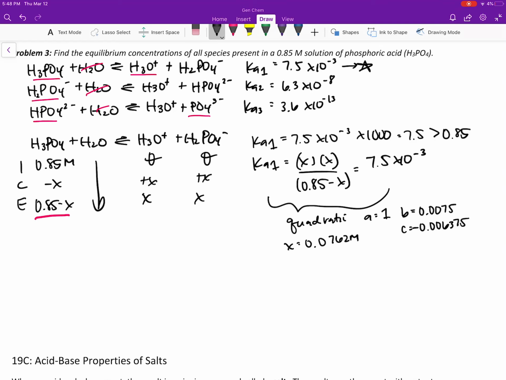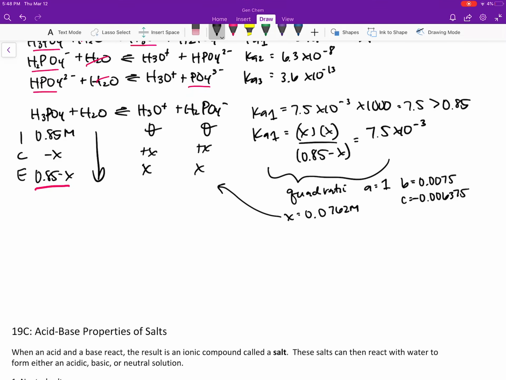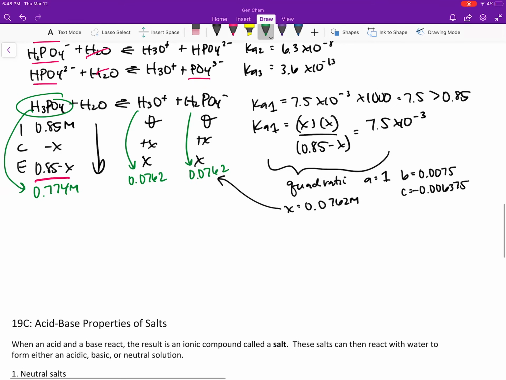So plugging them back in, my value here is going to be, let's write a different color, 0.774 molar. That's the concentration of my phosphoric acid, my hydronium, and this one, the conjugate base.